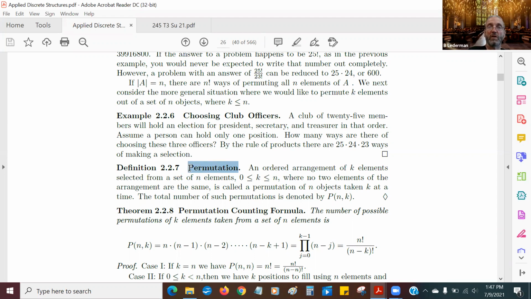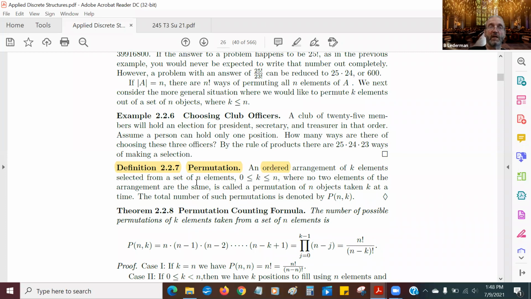That's this word right here. An ordered arrangement, let me highlight that: permutation, and ordered. The word ordered is very important, and I'll explain why in a second.